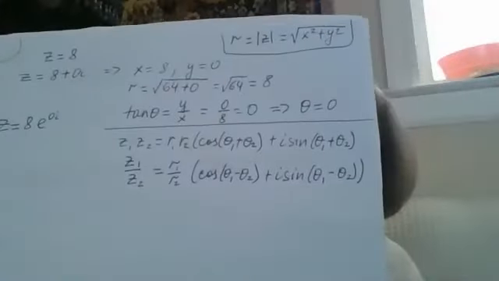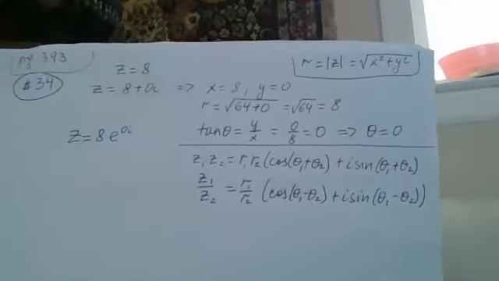If you need to divide two complex numbers, in the same form, you need to divide their r's and you need to subtract exponents.